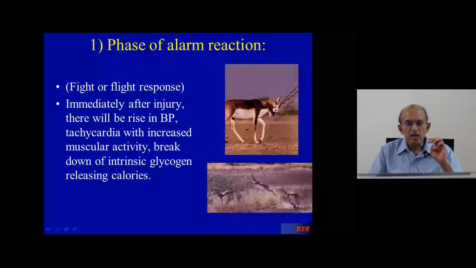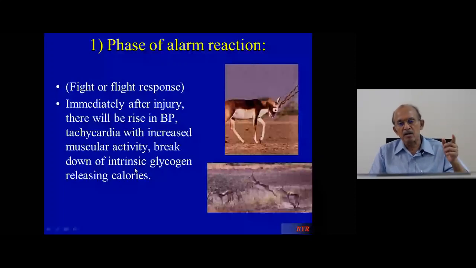That is why there will be a rise in the cardiac output, there will be tachycardia, there will be increased muscular activity, and the glycogen in the muscles breaks down to give glucose for immediate supply to the tissues. That means the tissues are now geared for immediate, rapid, and swift action. So either fight or flight requires this.